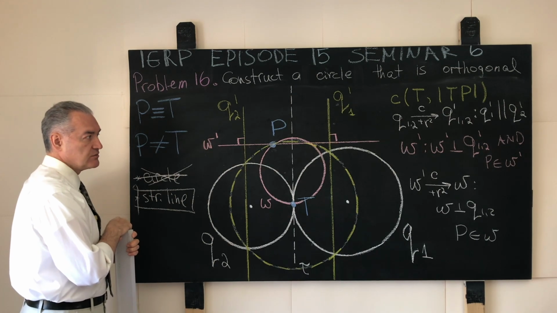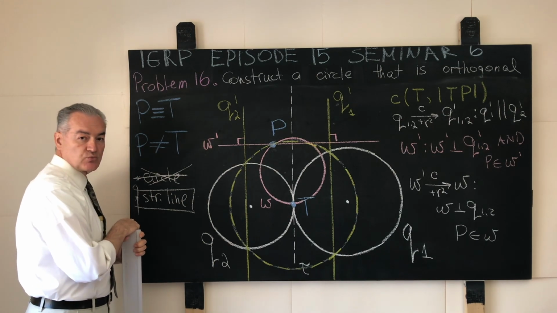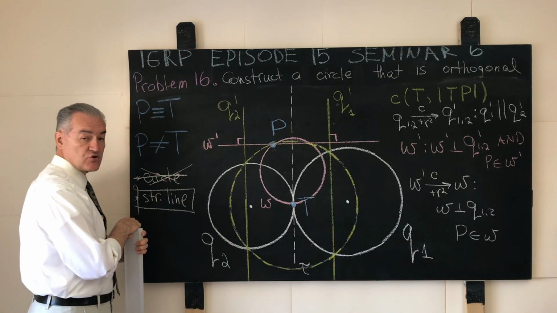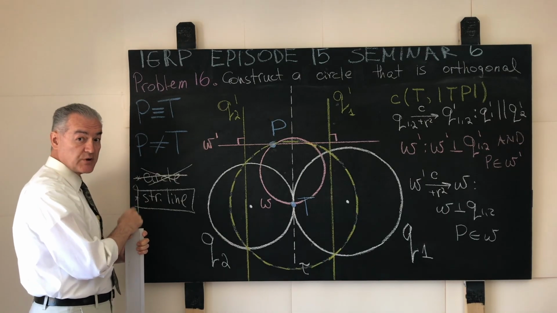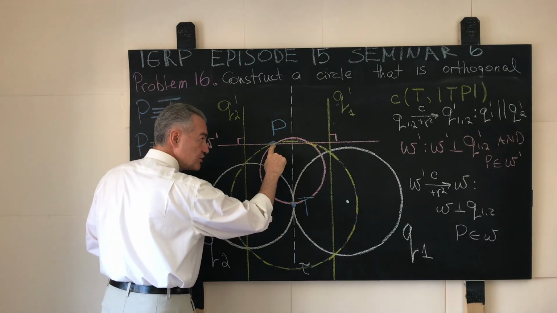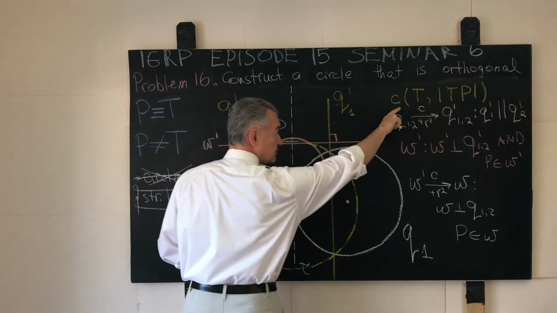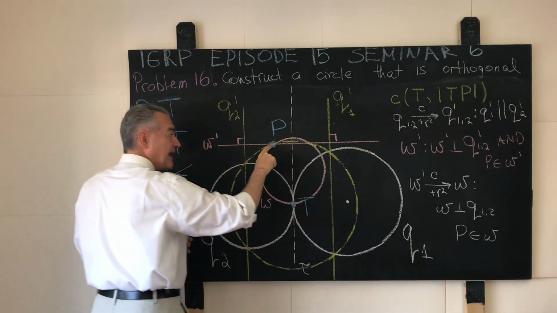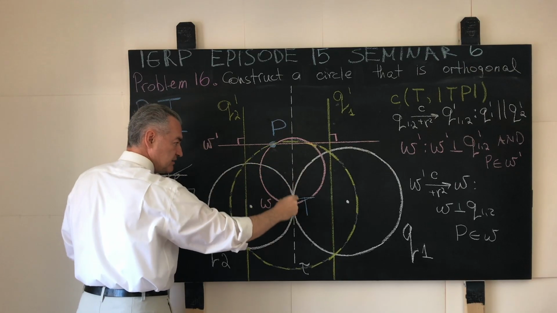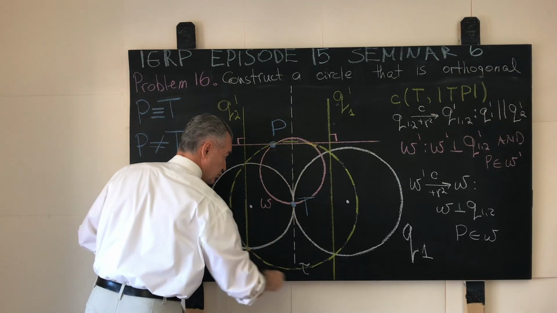Why is that? Well, remember that this was literally, I think, the very first theorem that we proved: under the inversion of the real plane with respect to a circle with positive power, any point on the circle of inversion, and that is how we constructed our circle of inversion, the point P, sits precisely on that circle because that is the point that defines the radius of the circle.